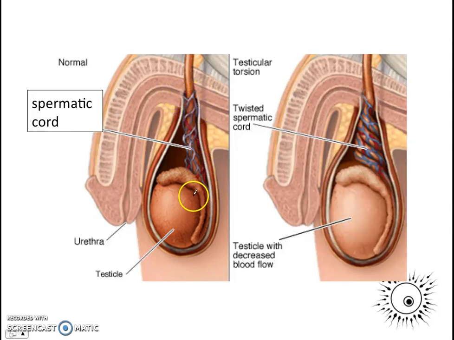Without this spermatic cord, the testis would just droop all the way down or drop out. Right? And in some people with some problems, the spermatic cord sometimes gets twisted, and so the blood flow to the testis will be reduced, and you can think of what problems that result in, sperm production, etc.